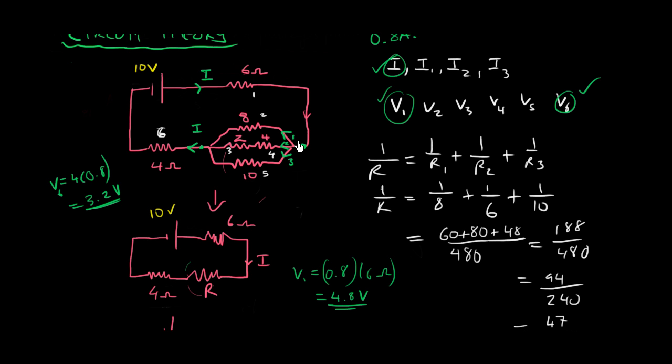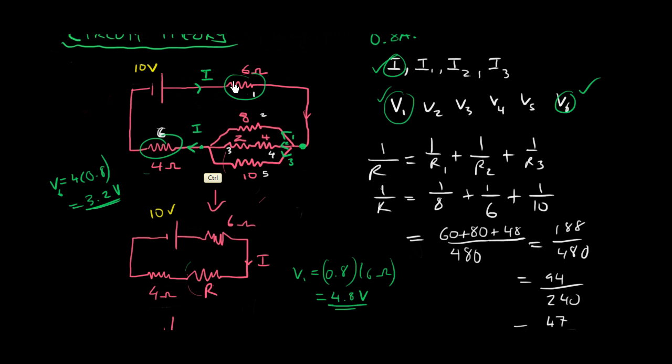Okay, well now we're missing V through all of these. So basically what I would do here, that is going to be the quickest way, is that if I know the voltage through this one is a 4.8 potential drop, and the potential drop through this one is 3.2, then I know by Kirchhoff's second law that 10 volts is going to be equal to the sum of the potential differences of this one plus that one.